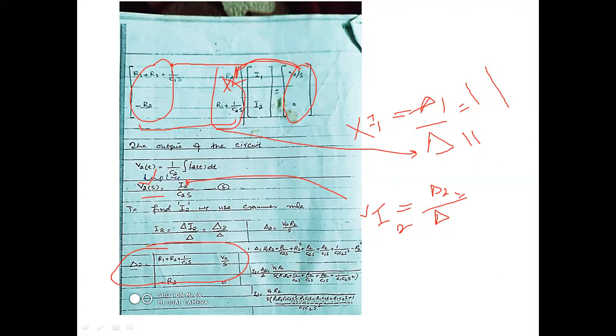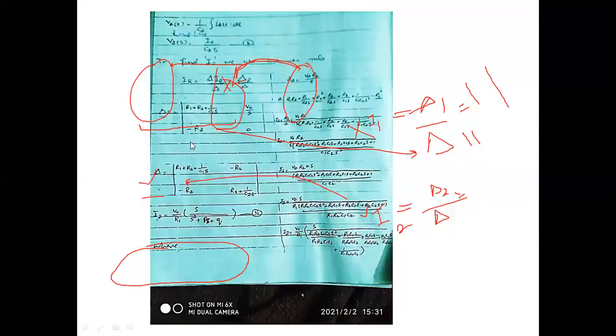This is the method of the Cramer rule. Now delta is equal to the same matrix, no need to substitute it: R1 plus R2 plus 1 over C1s, minus R2, minus R2, R2 plus 1 over C2s. So find the determinant of this matrix, and this is the solution for the determinant.